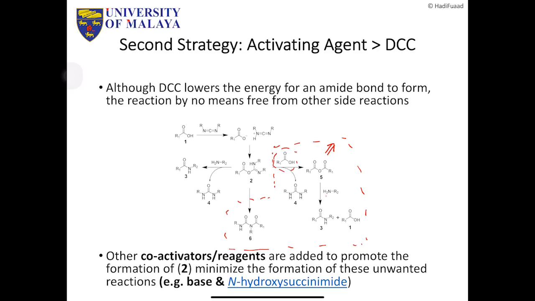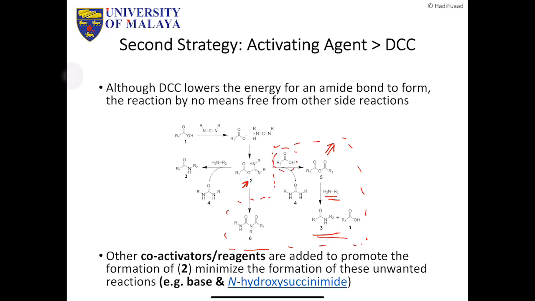This anhydride-like structure can react with a free amine group on the secondary amino acid, forming something like this that blocks the synthesis altogether. So other co-activators or reagents are added to promote the formation of number 2 here, to minimize the formation of these unwanted reactions.